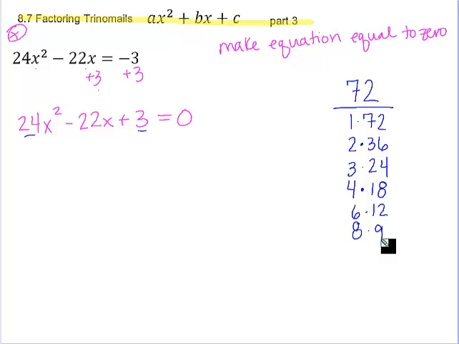And then we take a look, and here we want to find a factor pair that adds to give us 22. So the factors that add to give us 22 here are 4 and 18.